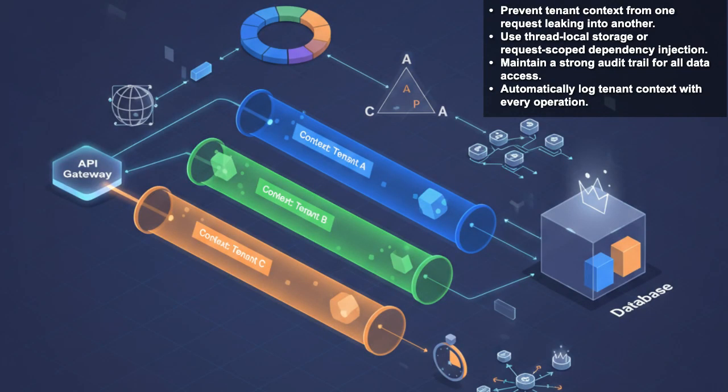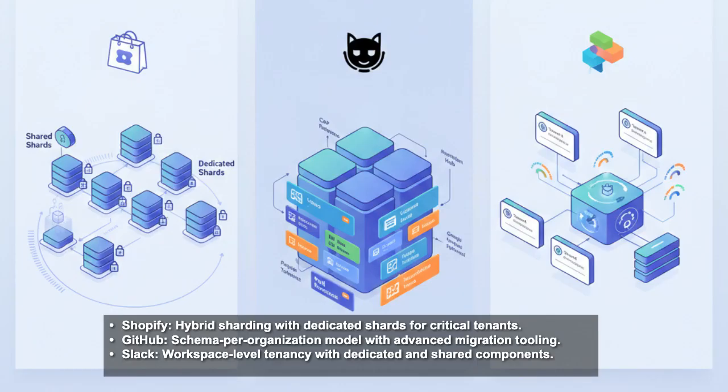To mitigate the risks of application layer filtering, we can push the security boundary down into the database itself using features like PostgreSQL's row-level security, or RLS. Instead of relying on developers to remember the WHERE clause every time, we define a security policy directly on the table. This policy automatically appends a filtering condition to every query executed by a specific role.